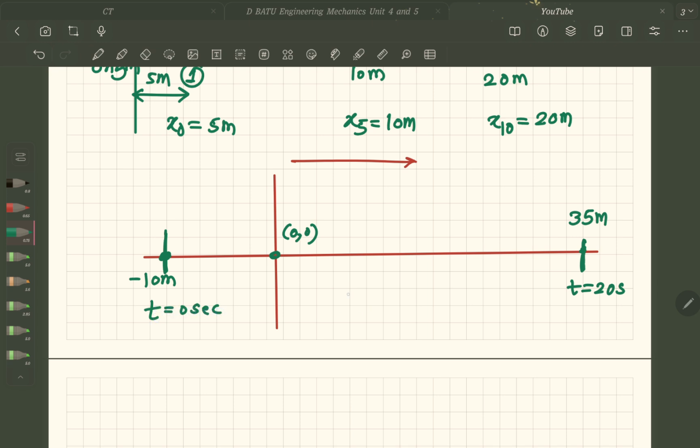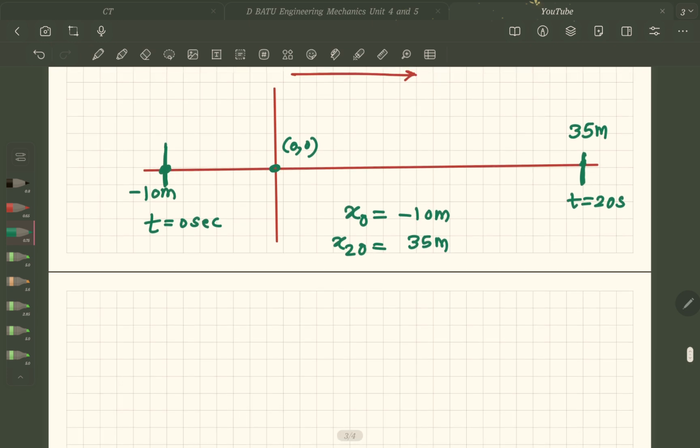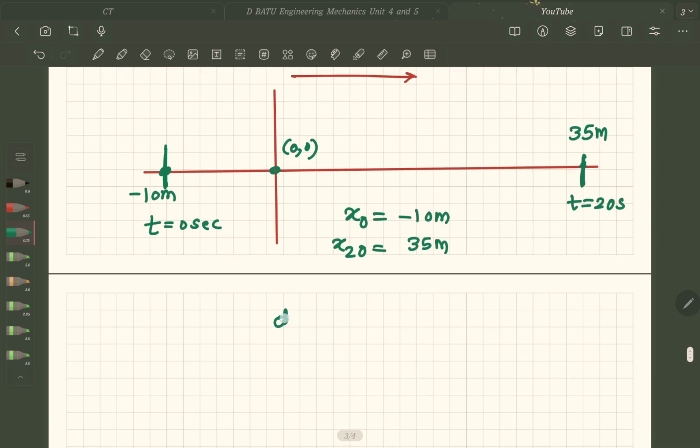So the initial position of the object x0, that means the starting point from where you are starting the measurement, is minus 10. And when I am considering 20 seconds, x20, the position after 20 seconds is 35 meter. Now if I want to calculate the displacement, it becomes x20 minus x0, which is 35 minus of minus 10, which will be 45 meter.